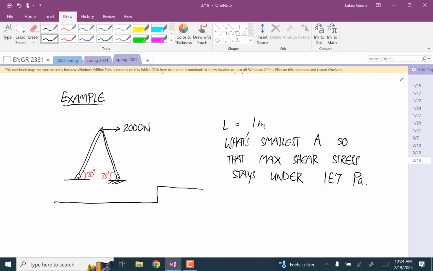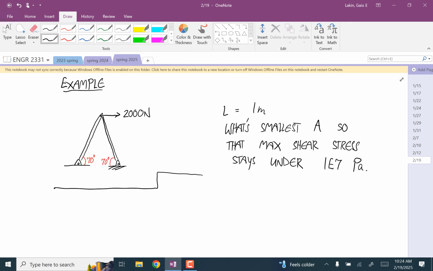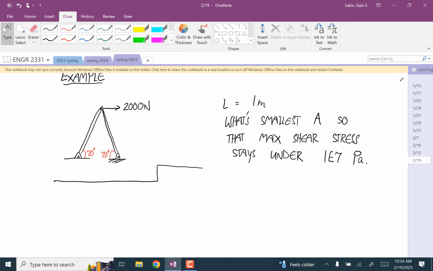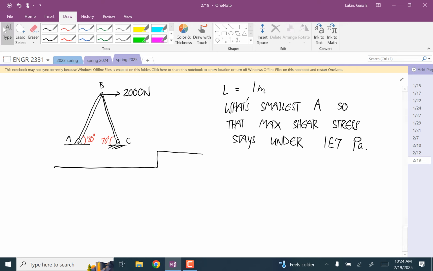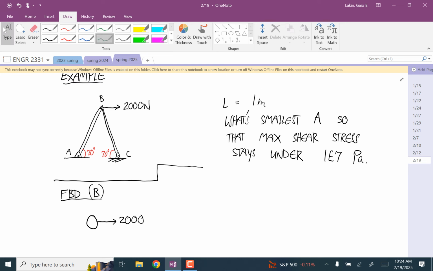Okay, so the first thing we have to do is solve this truss. I'm going to call these joints A, B, C. And I'm going to start with B. I think that's the only one we're going to need. And the free body diagram, we have a 2,000 Newton force this way. Oh, and I'm going to name these members.